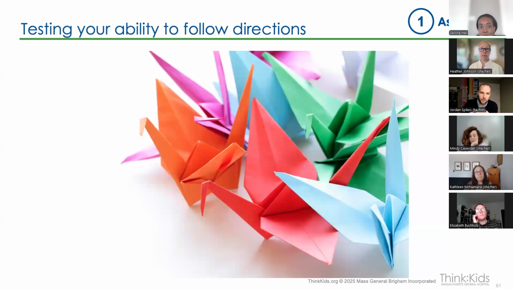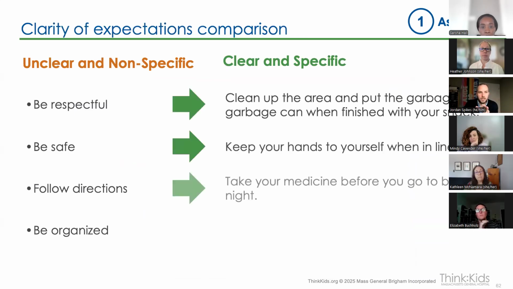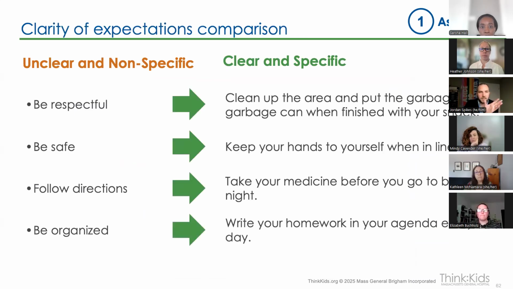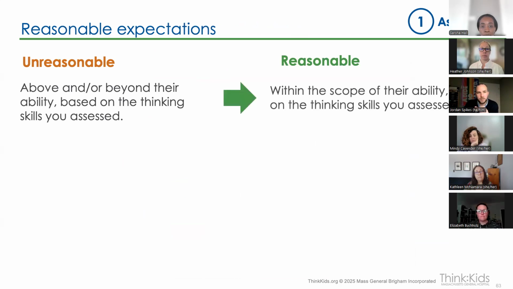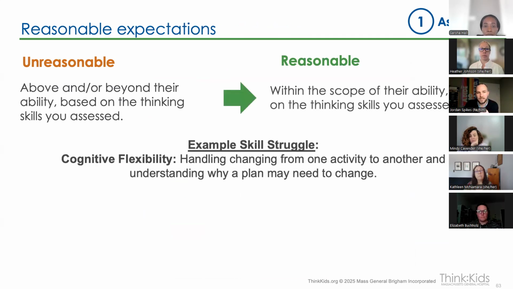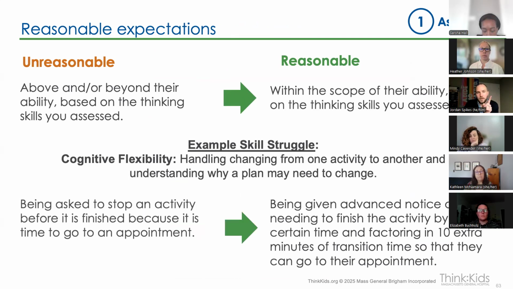Now we start with the same activity, just cleaned up the visuals a little bit. And then we go into unreasonable, reasonable, same stuff, but then we give an example and show how that is going from reasonable to unreasonable. We hope this makes it a little more concrete for folks when we're talking about realistic expectations and unrealistic expectations. Okay.